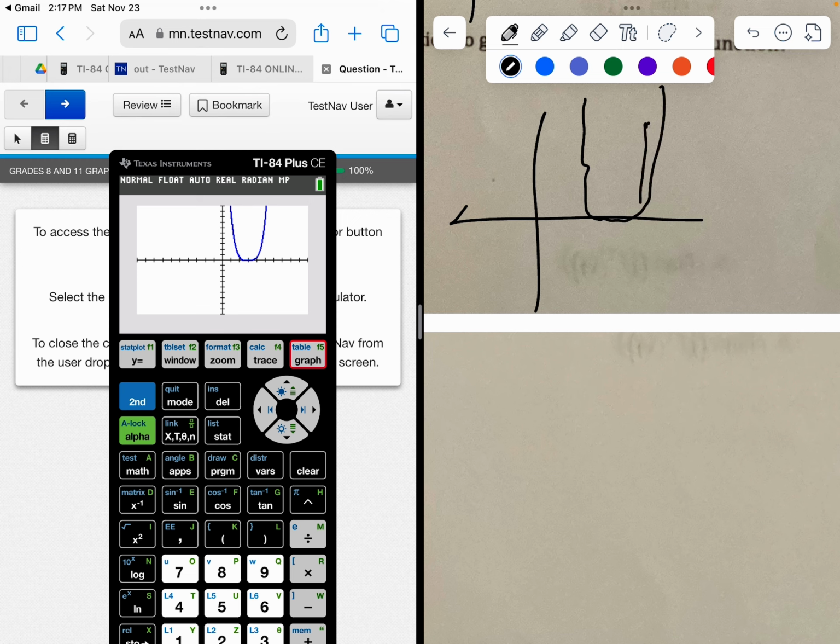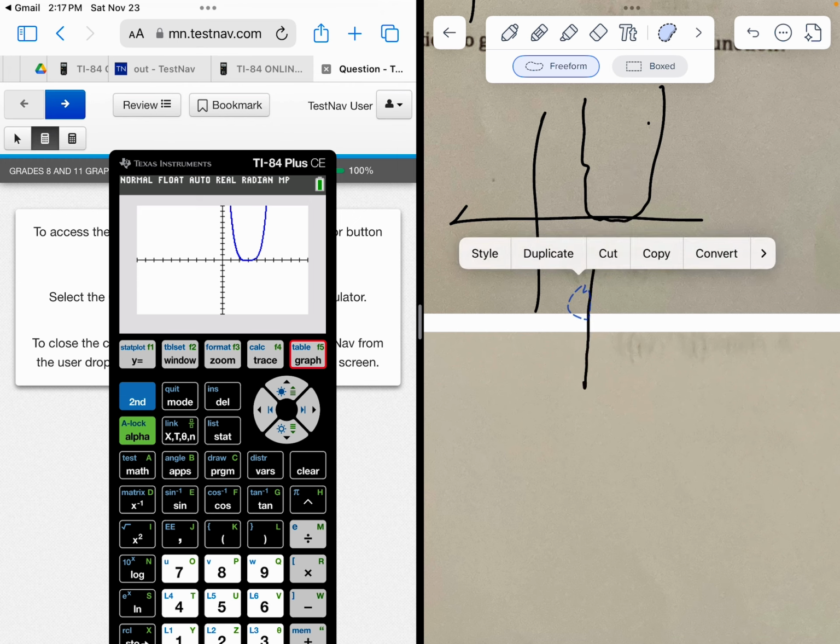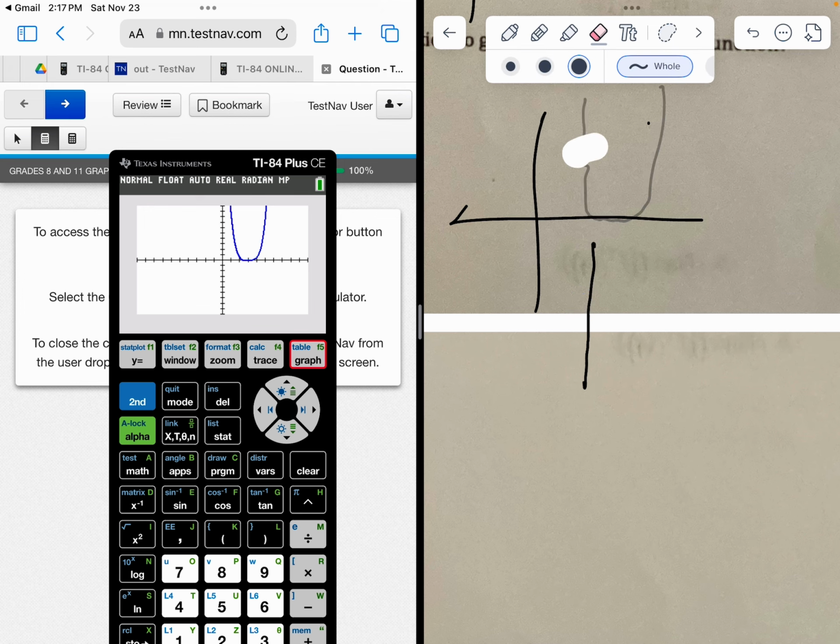So you have one point there, and we have one point there, one point there, one point there, and I didn't draw it perfectly, but alright, that's probably closer. So you get one input for one output.